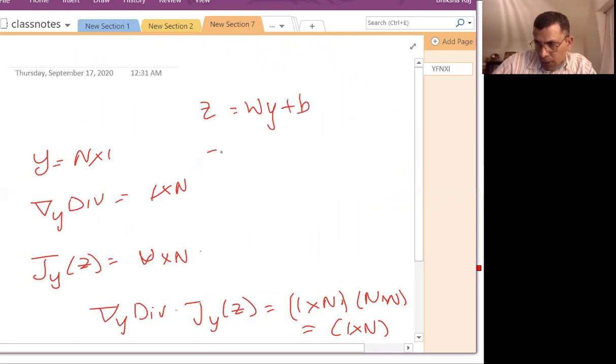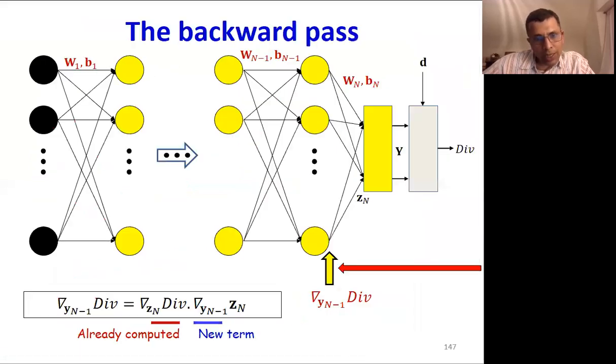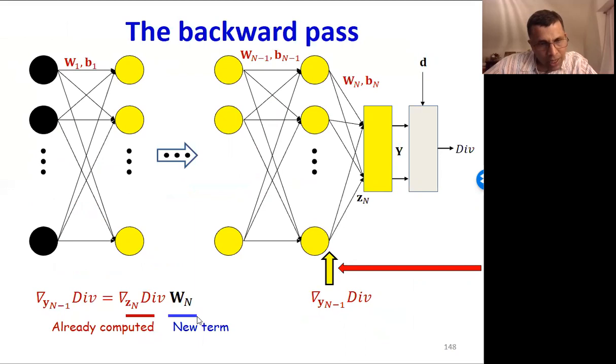So this implies that the Jacobian of z with respect to y is simply W. So this term over here is simply going to be the weight matrix. And so the derivative of the divergence with respect to y is the derivative of the divergence with respect to z times the weight matrix over here.